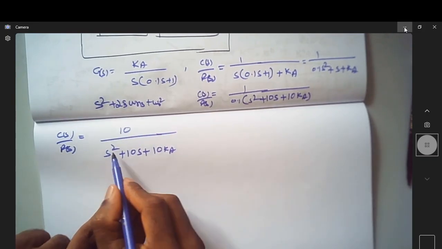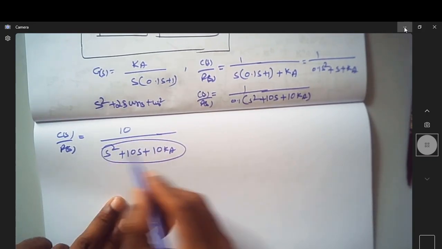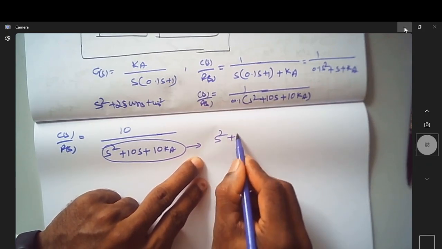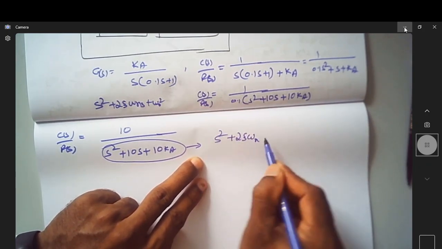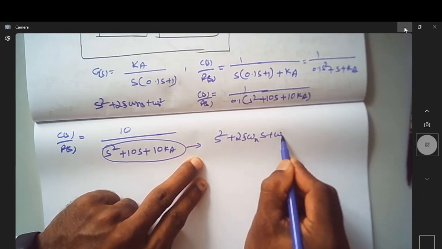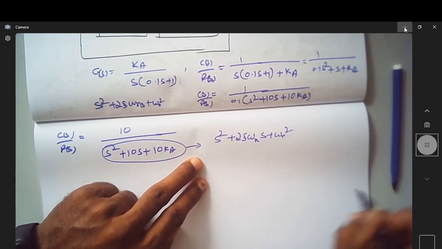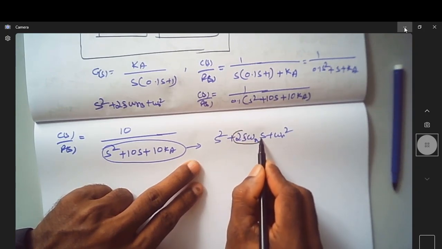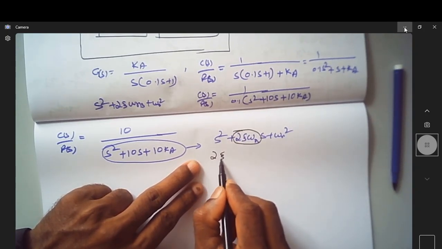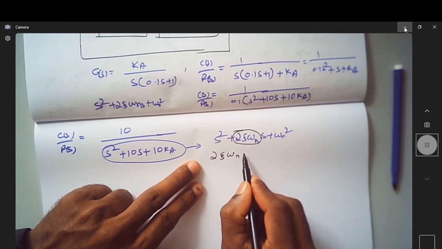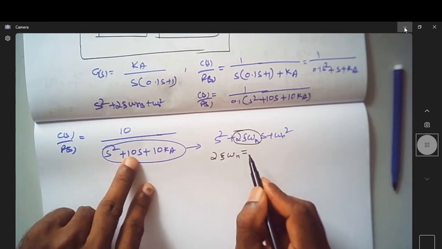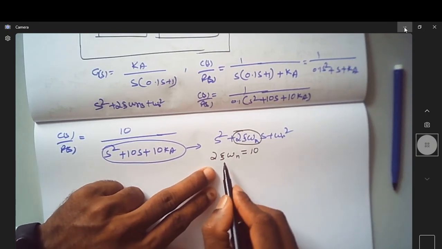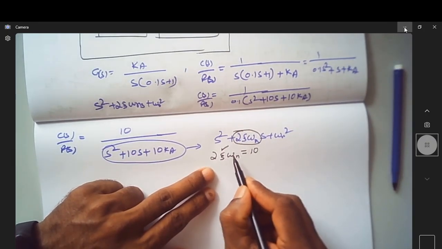The denominator of this transfer function is equated to the standard form of s square plus 2 zeta omega n s plus omega n square. From which I know the coefficient of s power 1, 2 zeta omega n, is equal to 10.